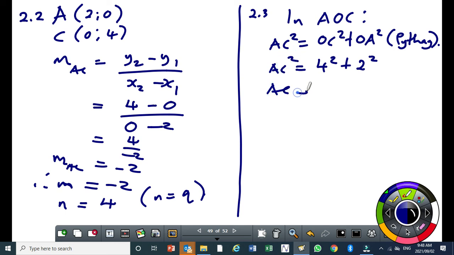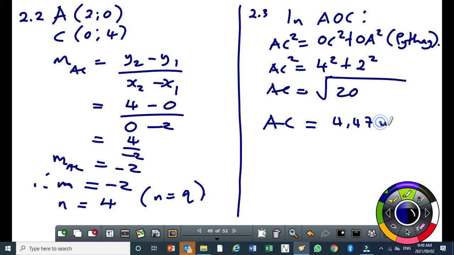So my AC is going to be the square root of 16 plus 4, that's 20. But we need to give the answer to 2 decimal places. What would be the square root of 20? 4,47. So that would be 4,47 units. So 2 decimal places. All right.